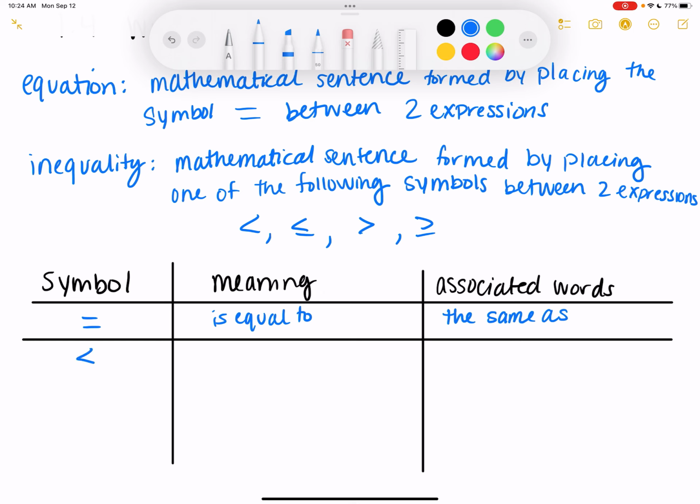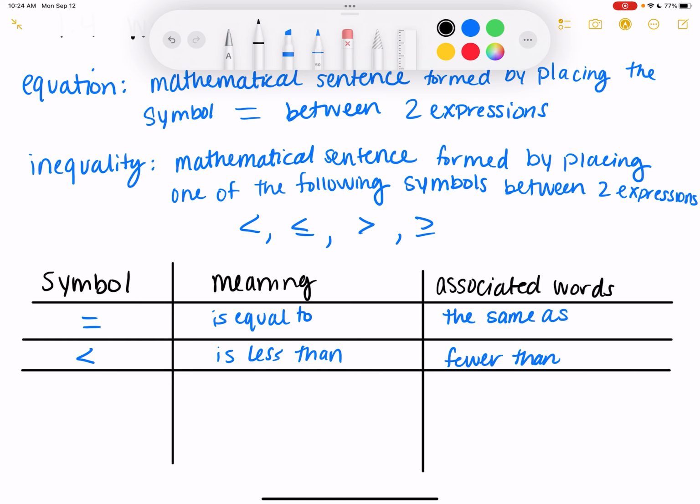Less than, they'll say is less than, or you could also see fewer than. Less than or equal to, is less than or equal to. And this one, they're going to say at most or no more than.